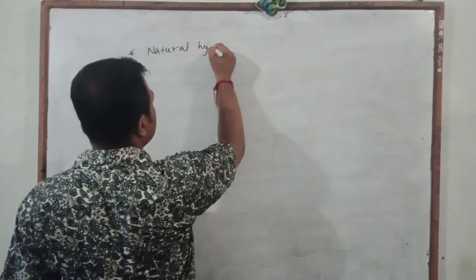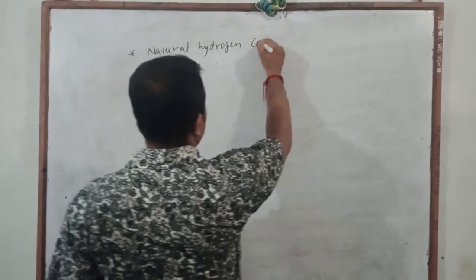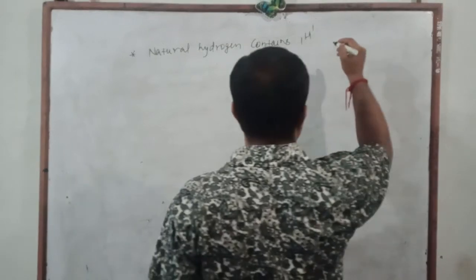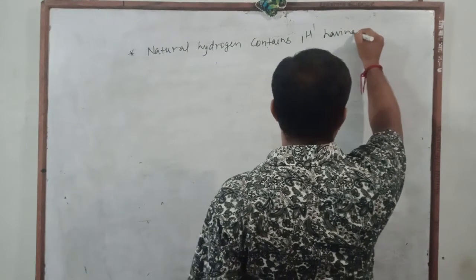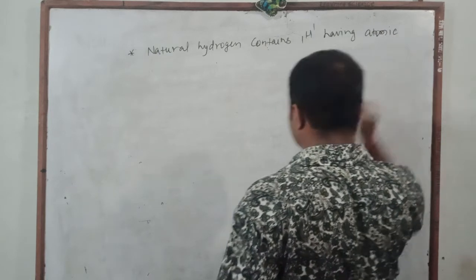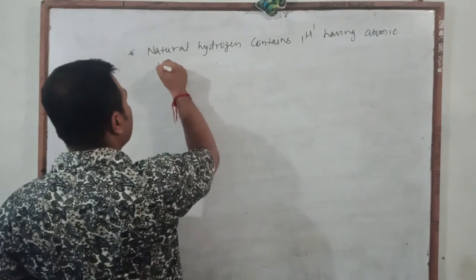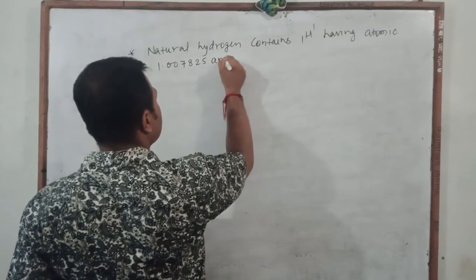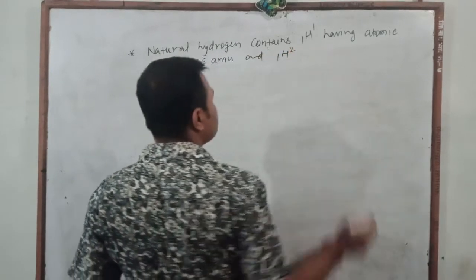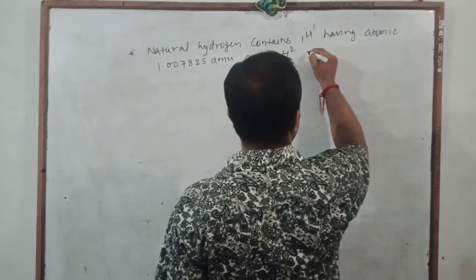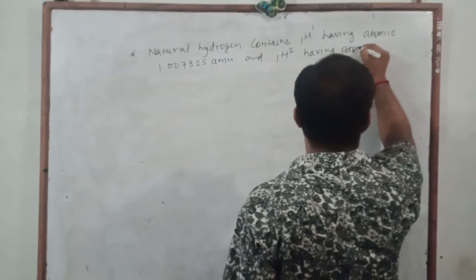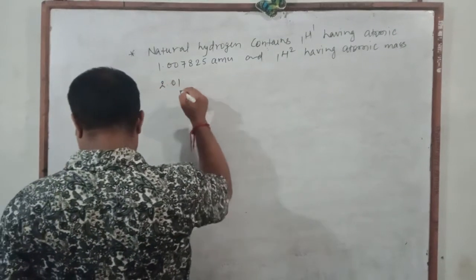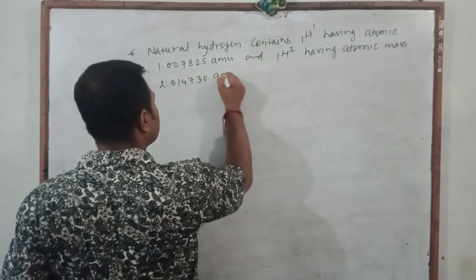Natural hydrogen contains 1H1, having atomic mass 1.007825 AMU, and 1H2, that is deuterium, having atomic mass 2.014730 AMU.